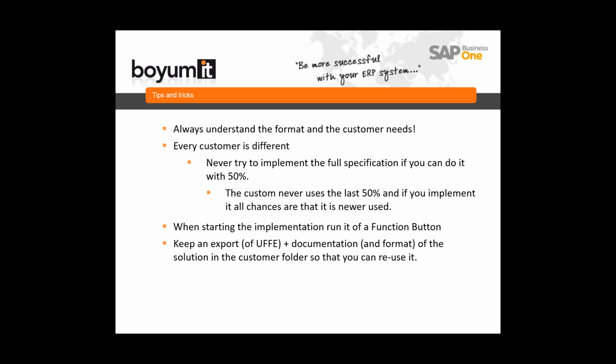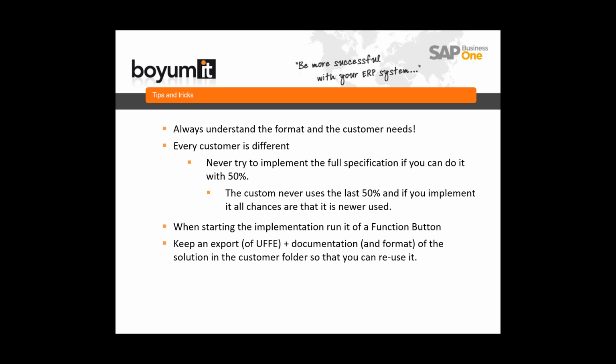So my suggestion would be to never implement the full specification if you can do it with like 50%, because chances are that it's a general format where the customer only needs to use like 10 or 15 fields, and if you do the entire thing, then you might end up using time on actually creating fields in a format that are never going to be used. So understanding the format and understanding what the customer actually needs is key to implementing UFA correctly.